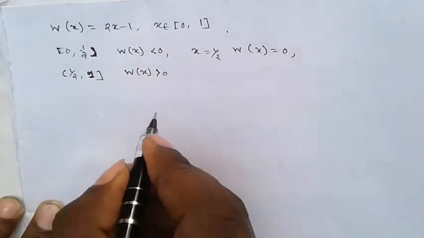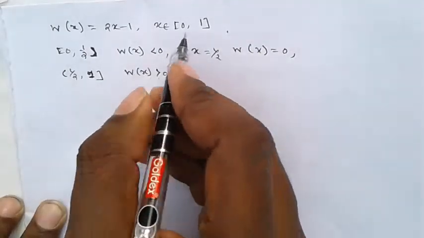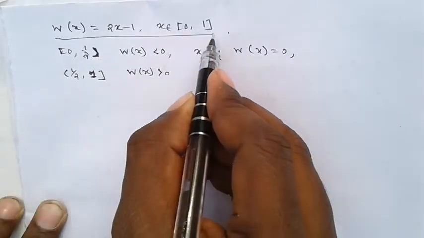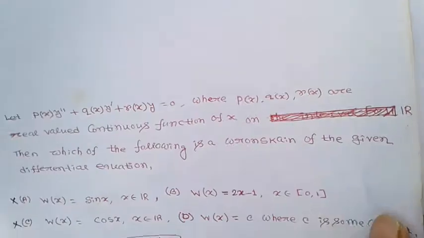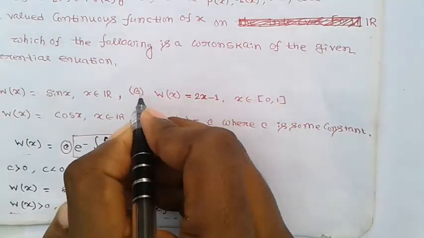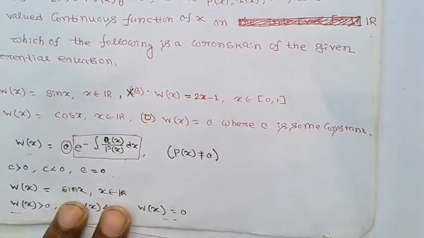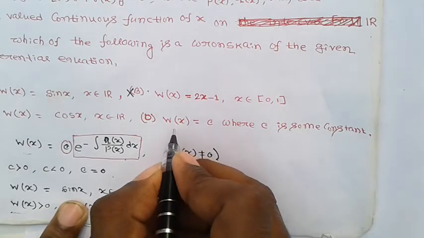So therefore the sign of the Wronskian over this interval does not remain the same. So this is not the right option, and this is also not the right option. Since here W(x) is equal to some constant, this is the right option. Thank you.